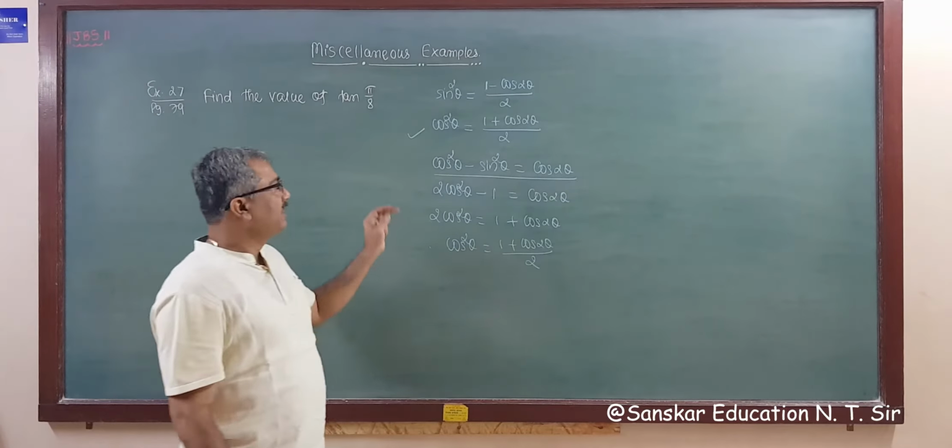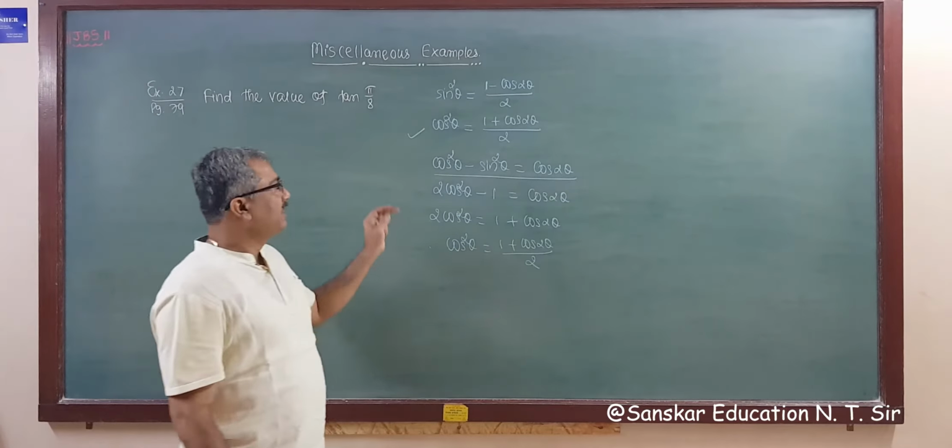So now keep remembering these things. Note down these two formulas also. Cos square theta is 1 plus cos 2 theta by 2, and sin square theta is 1 minus cos 2 theta by 2.